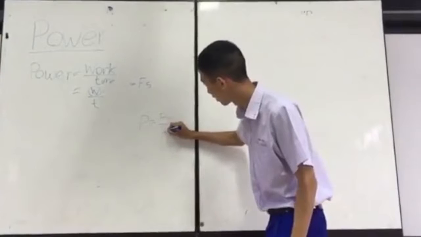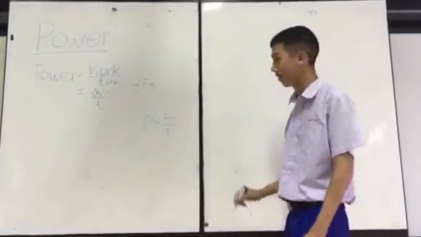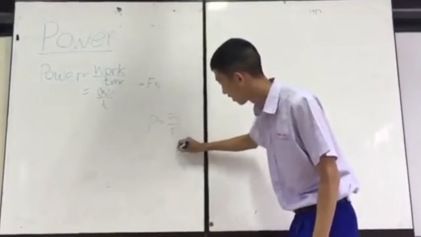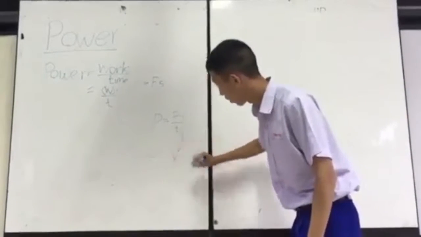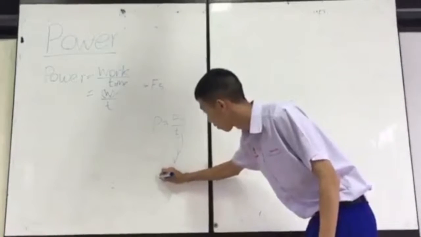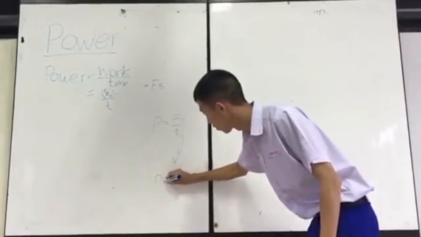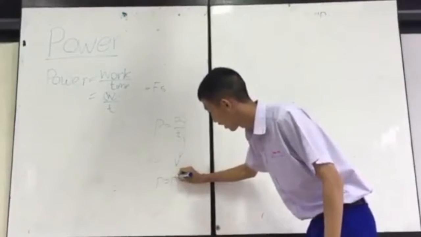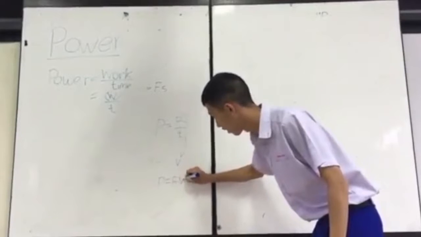And then S over T is velocity, so power can also be equal to force times velocity.